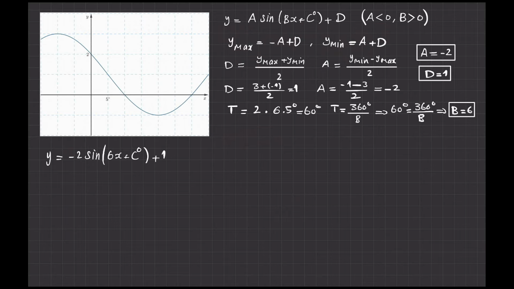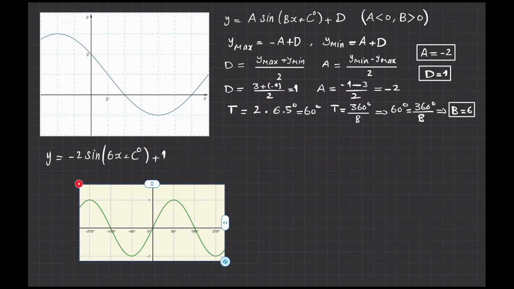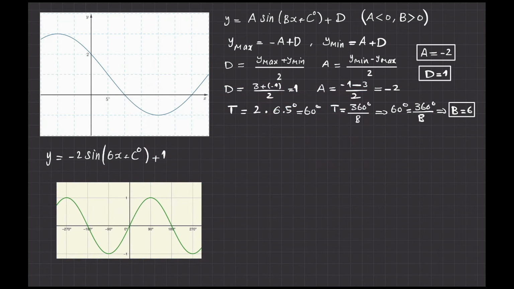Okay, so here is the standard sine function. So this is the graph of the function y equals sine of x. But here I need to have sine 6x, so I have to squeeze everything by a factor of 6 along the x direction. So what does this mean?